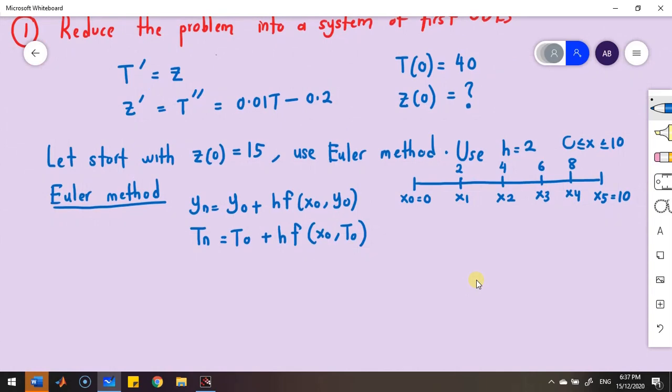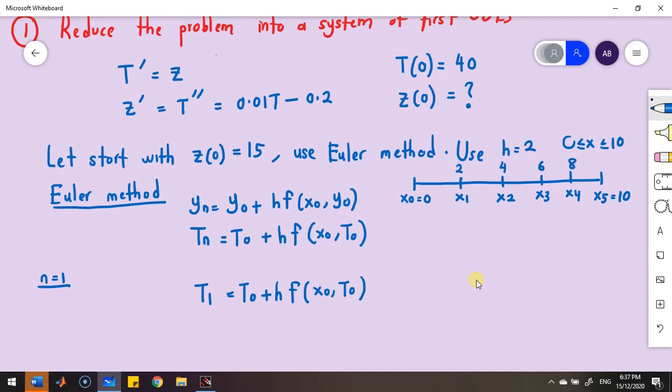Let's start with n equals 1, the first iteration. So I have T1 equals T naught plus h f of x naught, T naught.